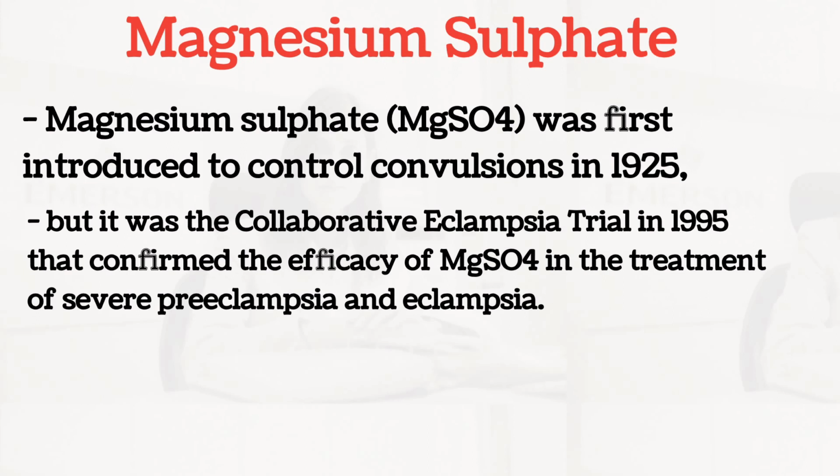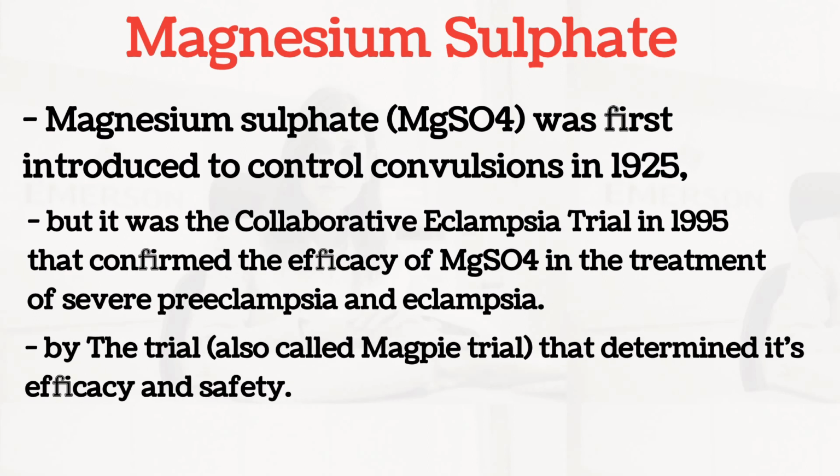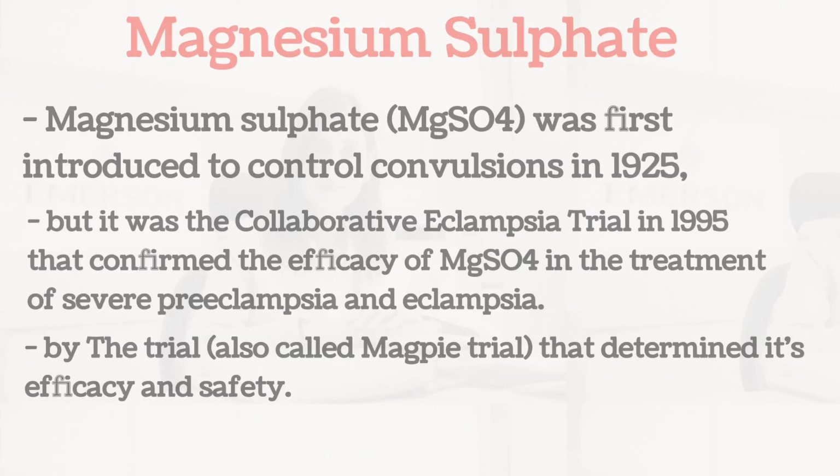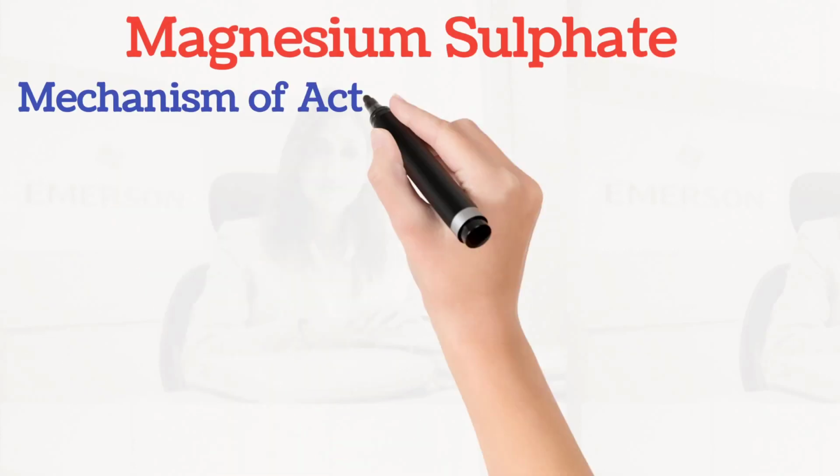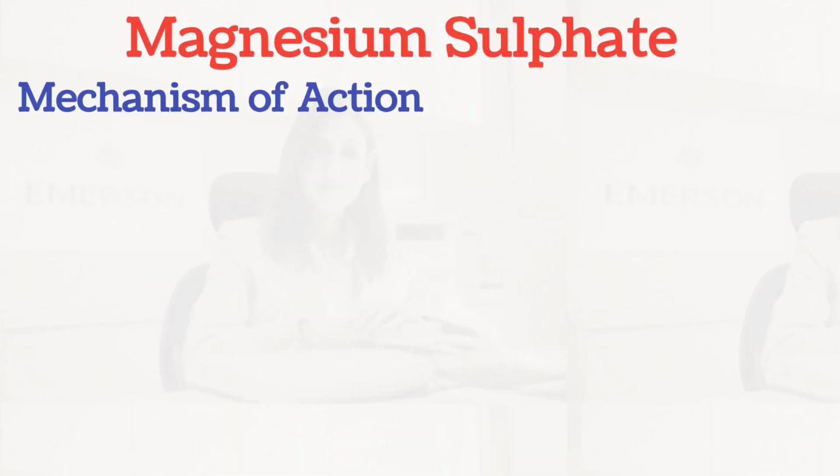The Magpie trial also determined its efficacy and safety. So that was the brief history of the introduction of magnesium sulfate, how they started testing it in a lot of women in different states. The mechanism of action for magnesium sulfate is not completely understood.